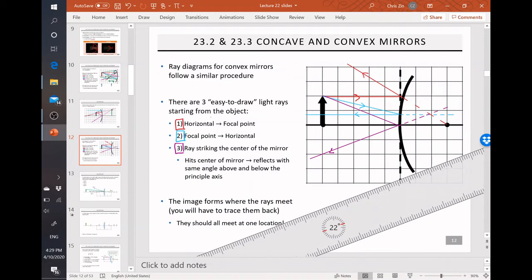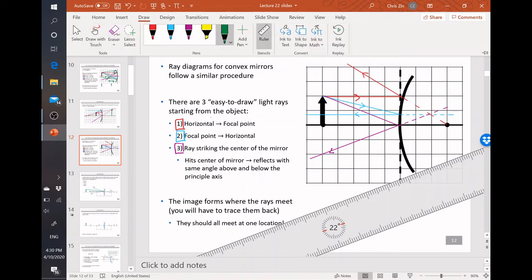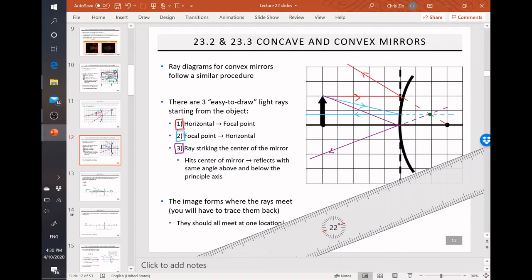And here you have three rays that appear to be coming from the same location. These three actually do appear to meet with each other right around this point. So this is going to be our image location. Again, if you're looking in the mirror, you will see an image of this candle right here behind the mirror.